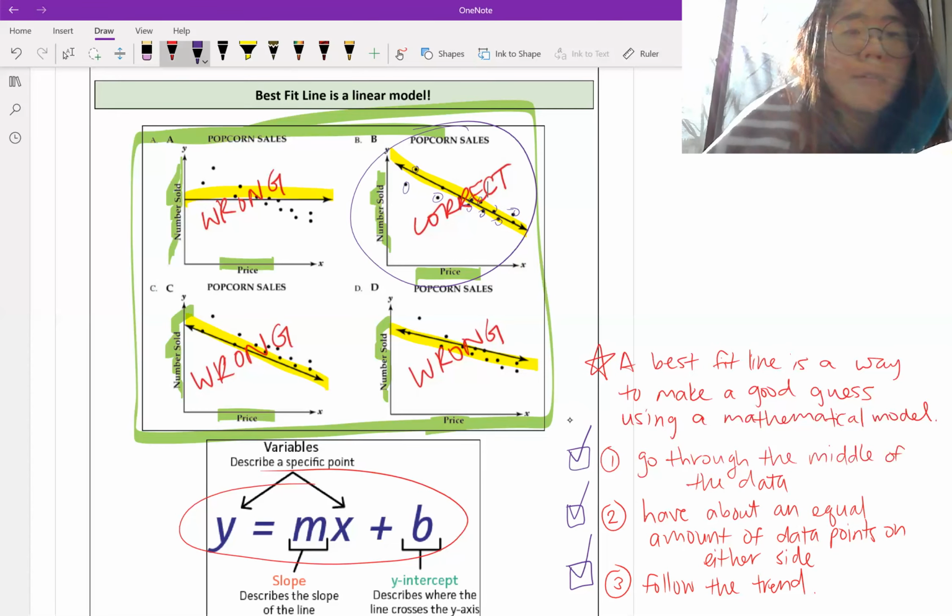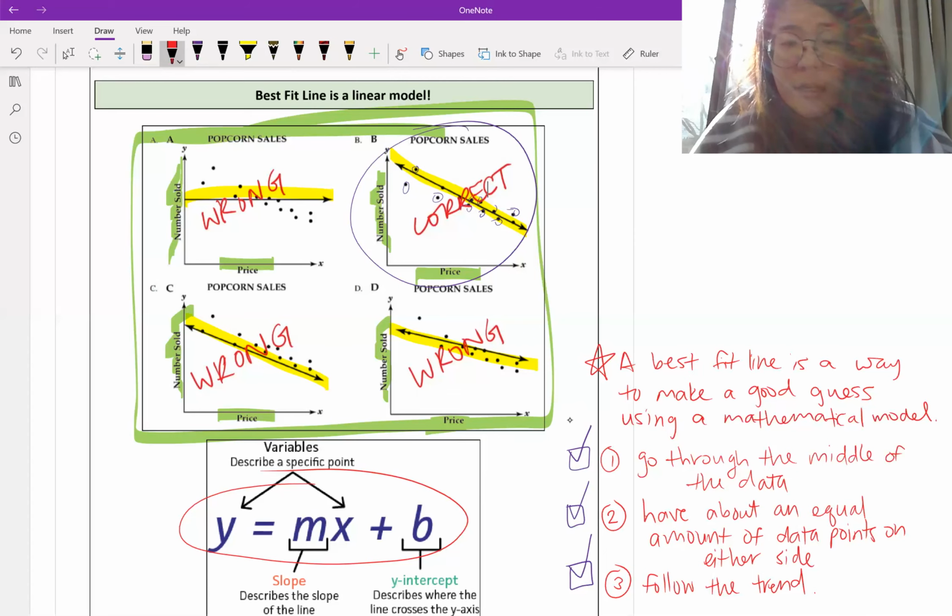If it follows those 3 things, then it's the correct best fit line. If it doesn't, it's wrong. So it has to meet all 3 criteria. Keep that in mind as you go about your problems.